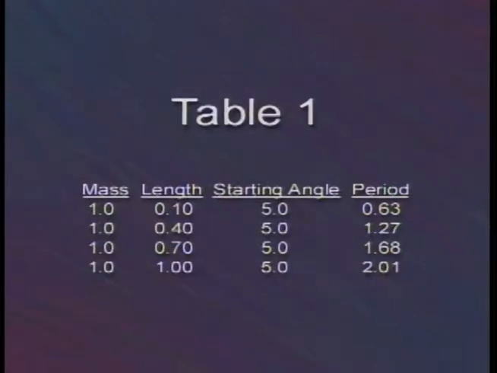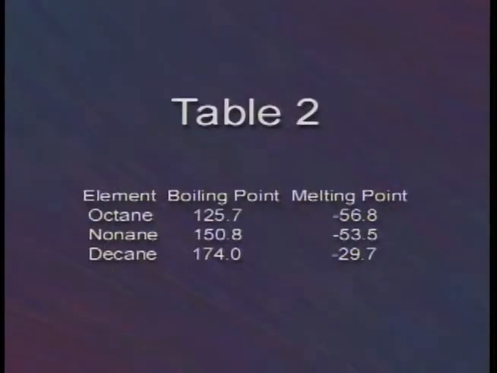The table displays values for several variables that might affect the period of pendulum, such as mass, length, and starting angle. Let's look at a chemistry example. Table 2 presents information about the boiling point and melting point for various chemical elements.